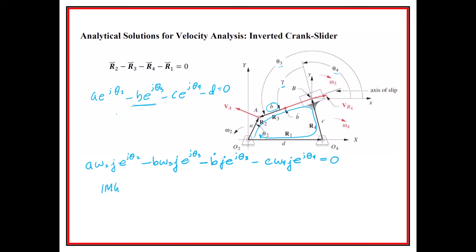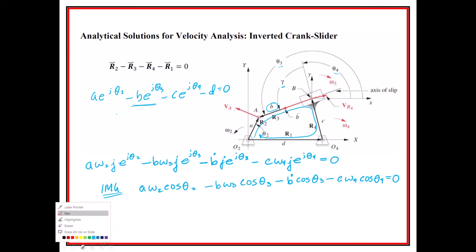If I take the thing apart, plug Euler in, and separate it into the imaginary and real parts, the real is: A ω2 cosine θ2 minus B ω3 cosine θ3 minus b dot cosine θ3 minus C ω4 cosine θ4 equals 0.